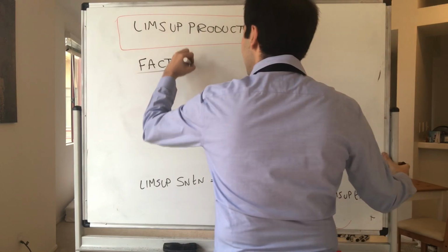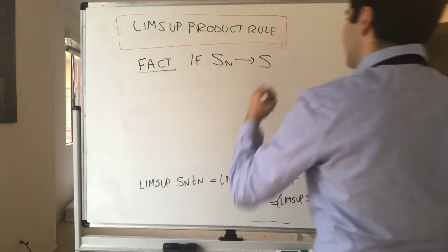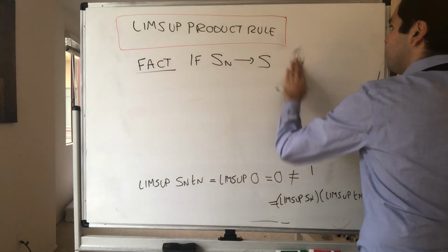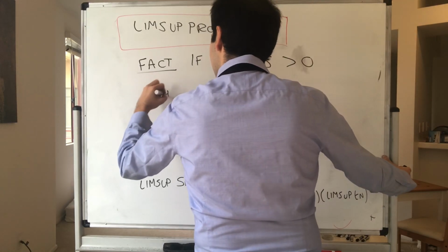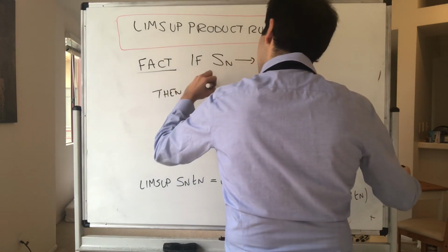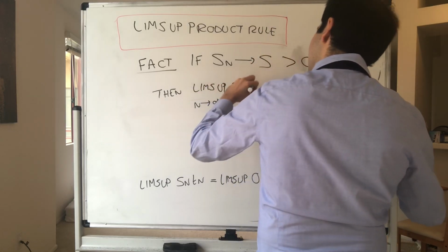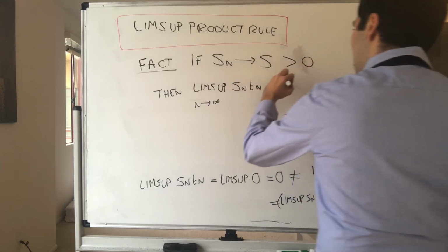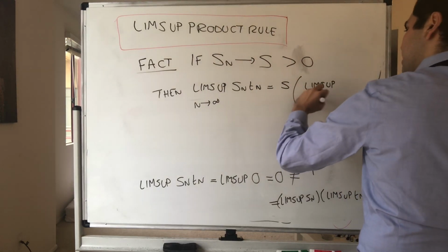So fact, if, let's say, Sn converges to S, where S is positive, then the Limsup as n goes to infinity of Sn times Tn becomes S times the Limsup of Tn.